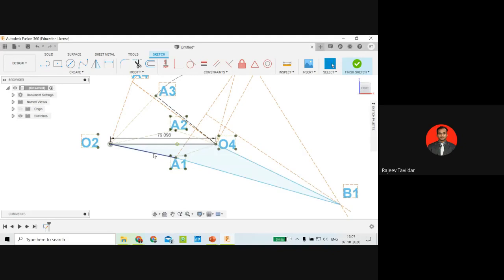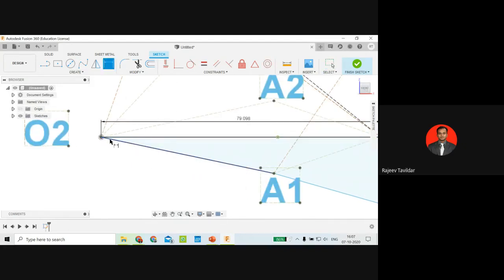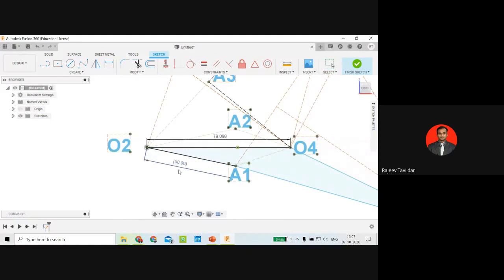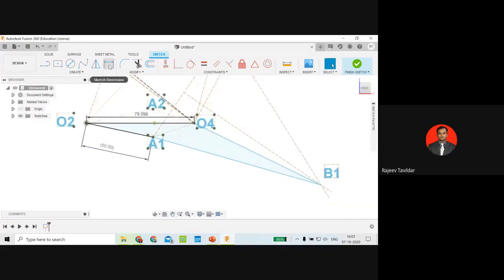Of course, O2 A1 is the link length which is already given to us. So this is already known to us, 50 mm. Next link length is A1 B1.